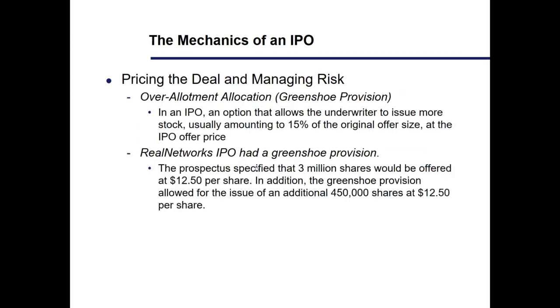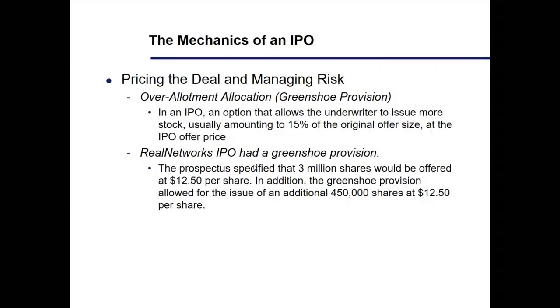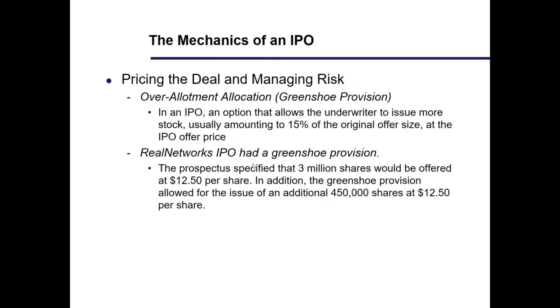Now, what is the pricing deal and managing risk? In general, in the IPO we have an over-allotment allocation. We also have what we call the green shoe provision. In an IPO, for example, the investment banker may get an option that allows them to issue more stock, for example, more than 15% of the original offer, if the IPO is successful and there is more demand for the shares than the planned number of shares they are going to offer.